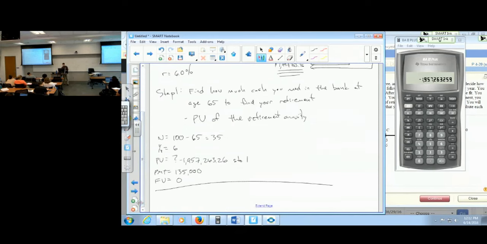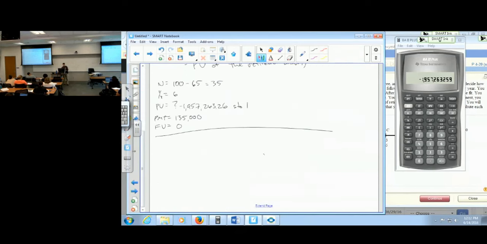So I need to find the amounts you need to contribute each year to fund your retirement annuity.